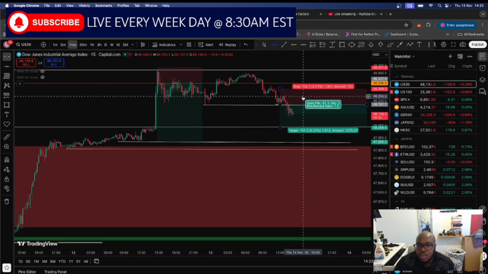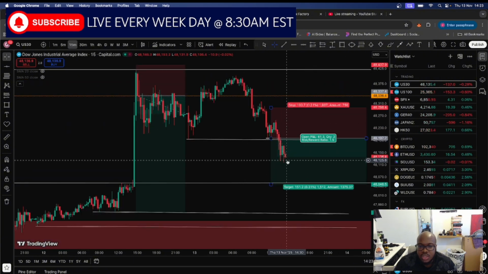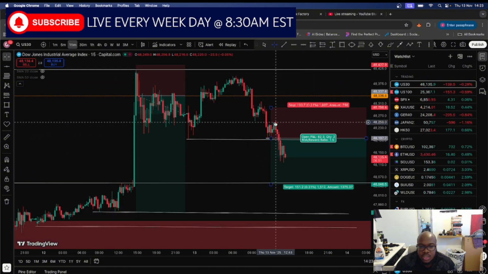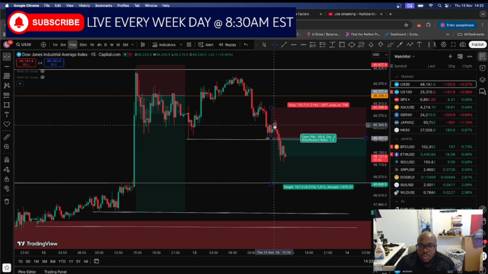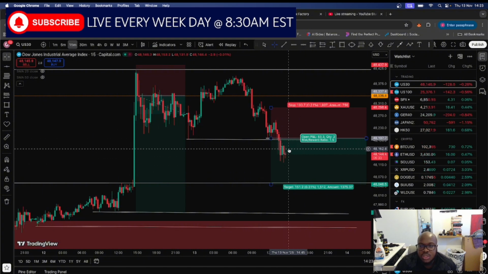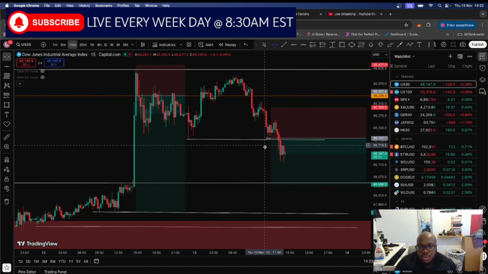The only other opportunity to get short would have been here, because this was a trade in an attempt to target this level of liquidity, and this sweep occurred in the pre-market. And once this sweep occurred, unless the market rallies up at the open, there's no other opportunities to look to get short, and so that's why we got positioned here.